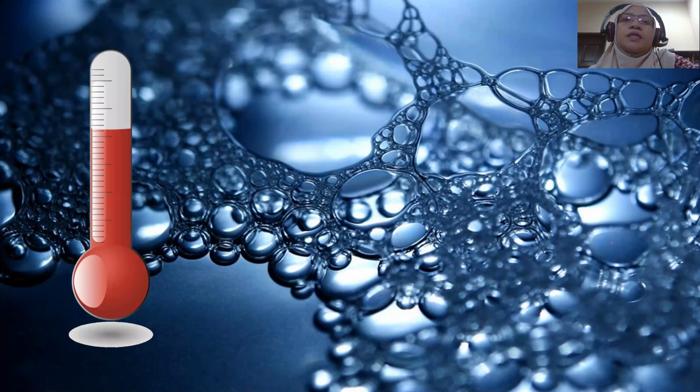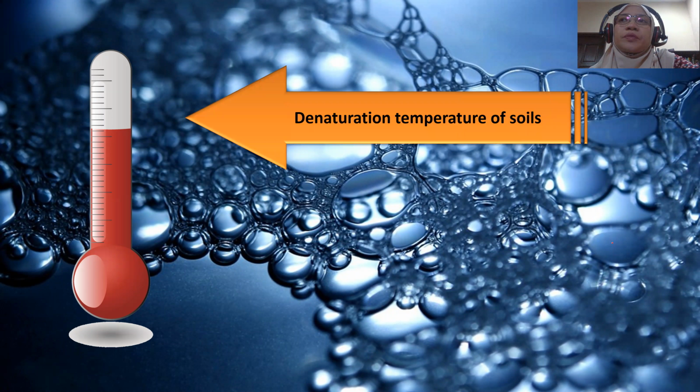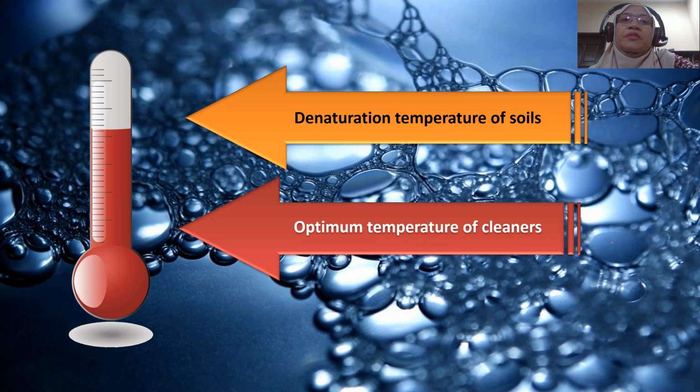Before selecting the cleaner, it is important also to check the denaturation temperature of the soils, then compare with the optimum temperature of the cleaner. If the optimum temperature of the cleaner exceeds the denaturation temperature of the soils, this will reduce the effectiveness of soil removal.